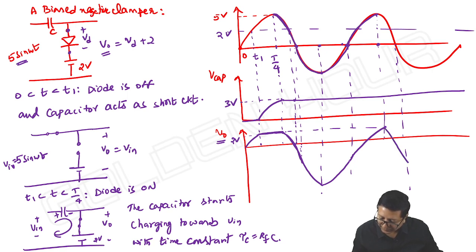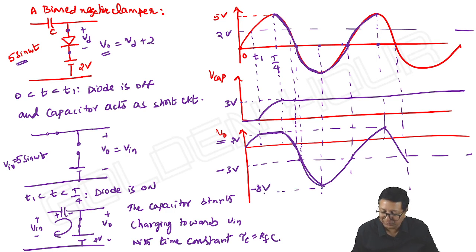And here, from this point to this point, input is falling by 5 and output also falls by 5, means to what level will it fall? It falls to minus 3. 2 to minus 3, so the difference is 5. Again, minus 3 to, input falls by 5, so output also falls by 5. It falls to minus 8 volts.